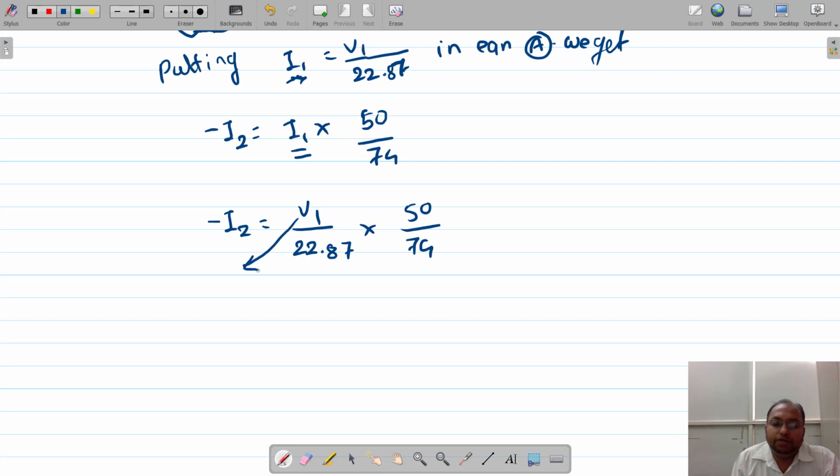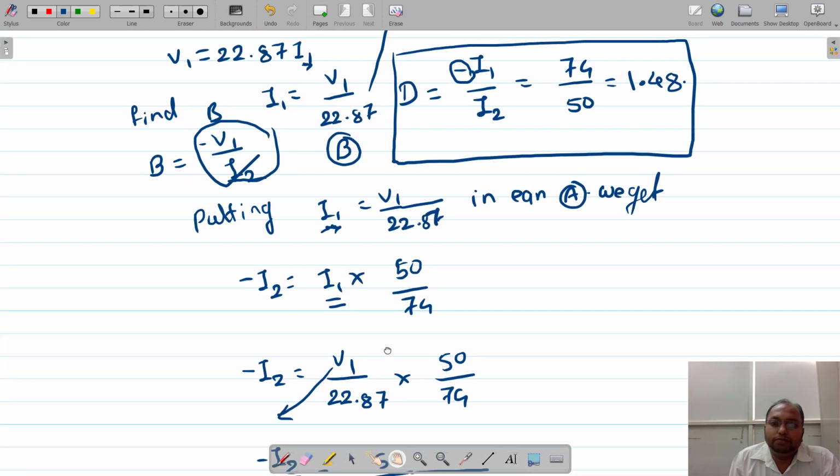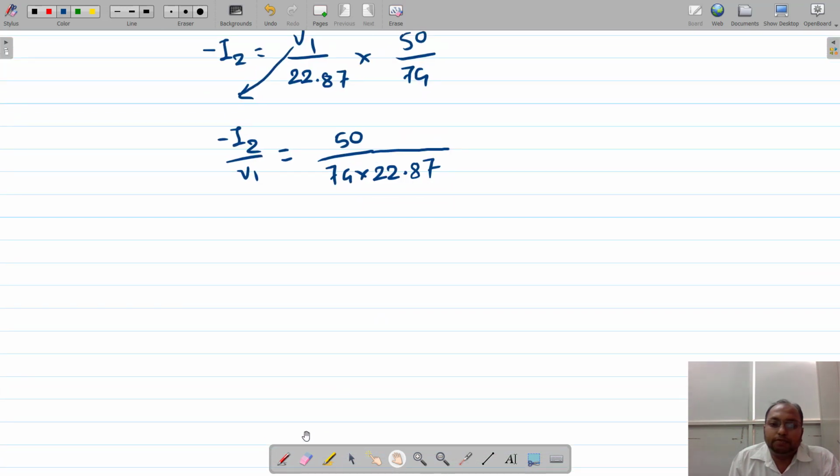Now transfer this V1 to the left hand side, so minus I2 divided by V1 is equal to 50 divided by 74 into 22.87. But B is the ratio of V1 to I2, so we need to take its reciprocal. Minus V1 to I2 is equal to 74 into 22.87 divided by 50.